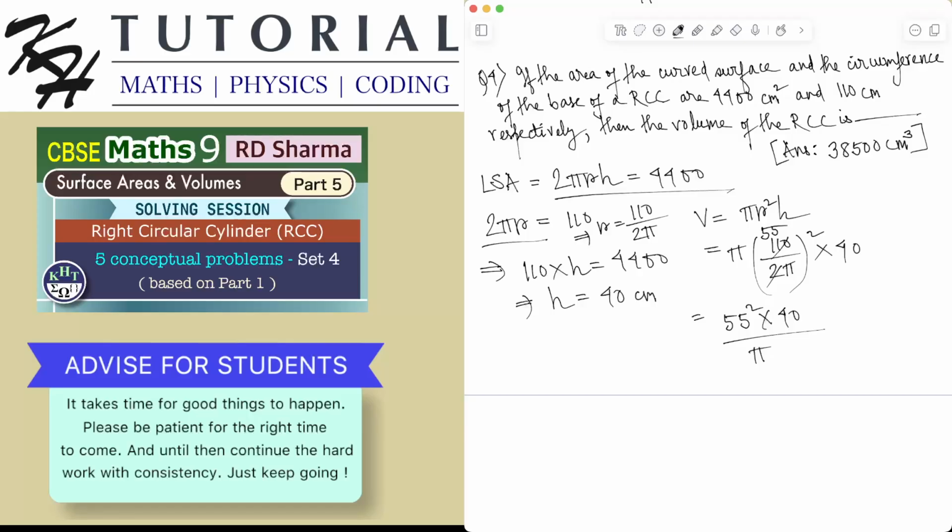2 pi r is 110. So 110 multiplied by h is 4400. Fine. H is 40.